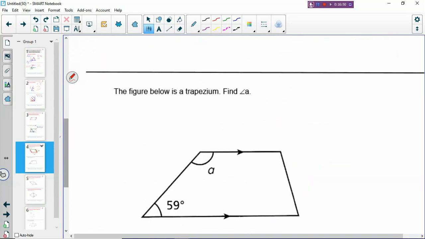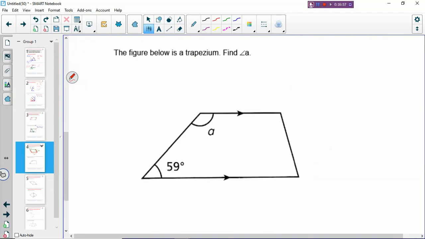Now let's look at the trapezium. What is special about a trapezium? It is also a four-sided figure, but unlike your parallelogram and your rhombus, it has only one pair of parallel lines. Same property applies.